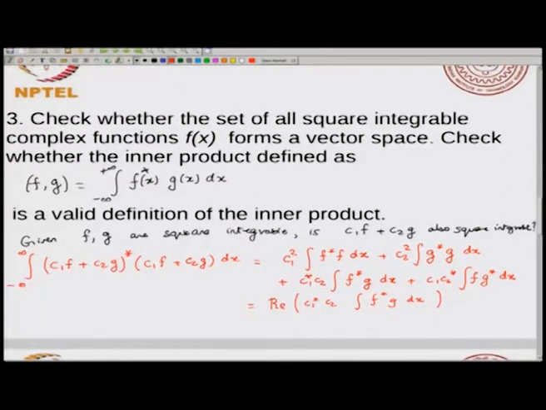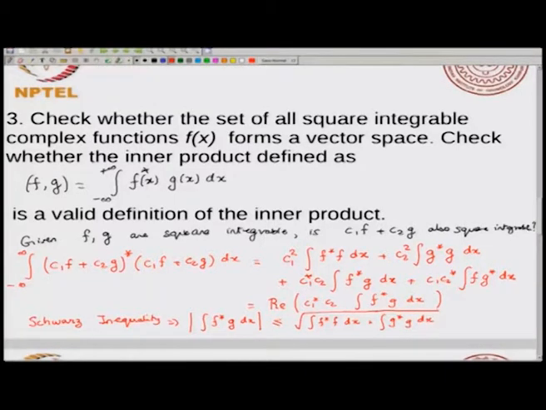There is an inequality called the Schwarz inequality, which basically says that the absolute value of integral f star g dx is less than or equal to the square root of integral f star f dx times integral g star g dx.